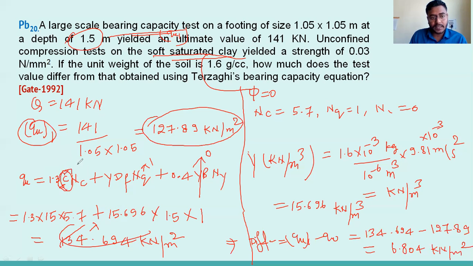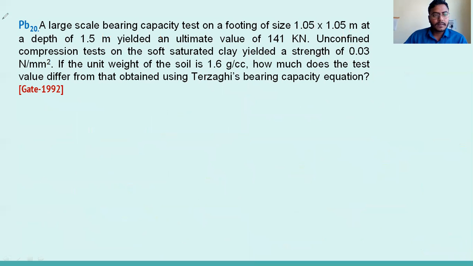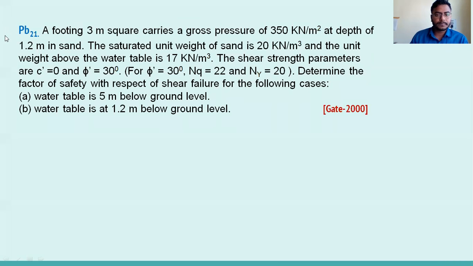To calculate C, he performed a test, the unconfined compression test, UCT. From that, we get C. And here gamma was given, but in a different unit. We have to convert it to kilonewton per meter cube. The rest is very easy. So I think this question is also clear. Let's go for the next question.